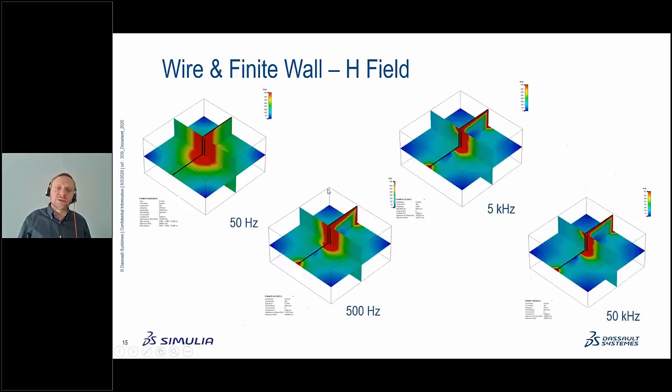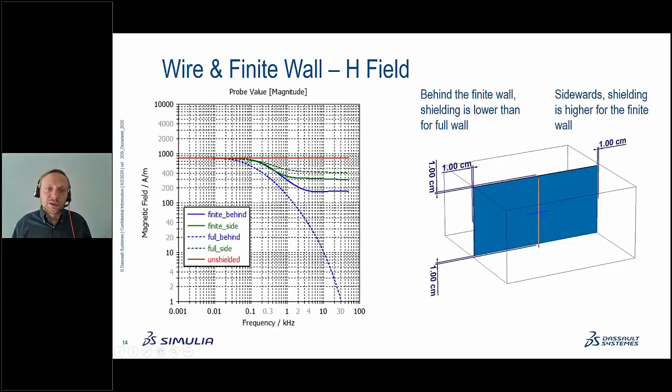What's happening is that the induced currents are also flowing in a loop. The loop has to close, and the loop will close over the edges of the wall, and the current can basically get to the other side of the wall. And then you are losing the shielding effectiveness that was working so well when the wall itself was connected to the boundary. So you can see there is some effect.